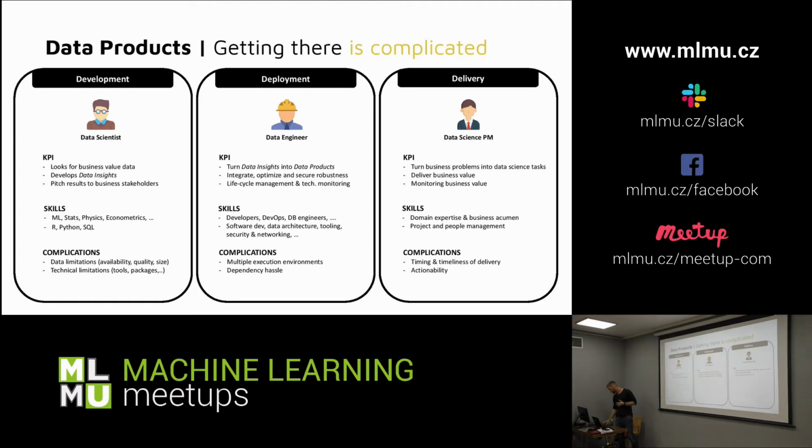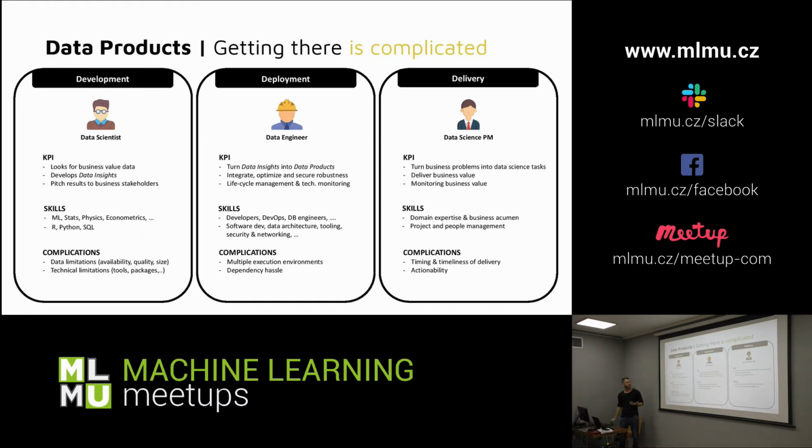Not only that, the skill set of these people is also different. Data scientists are typically mathematicians or people with a machine learning background, who are good with Python and R and SQL, while data engineers are more like IT people, software developers, etc. So even communication between these key stakeholders is kind of hard. Data science project managers are people who are focused more on delivering and on project management.